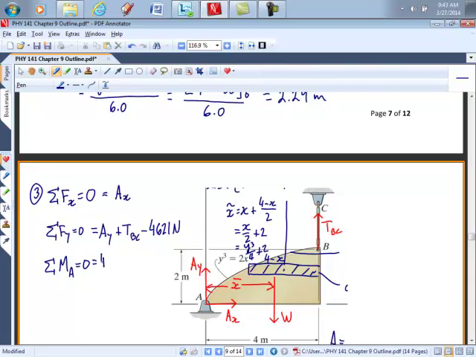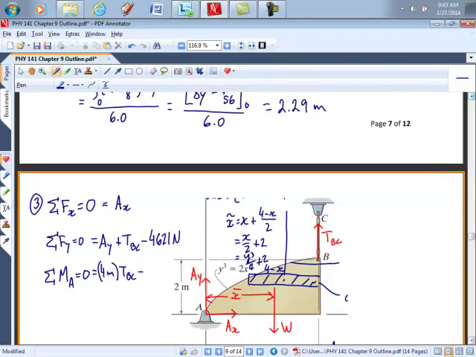So that's going to be 4 meters TBC. And then the weight is going to have a negative moment, and it's 2.29 meters away. And it has a magnitude of 4,621 newtons. So from that we can calculate TBC.